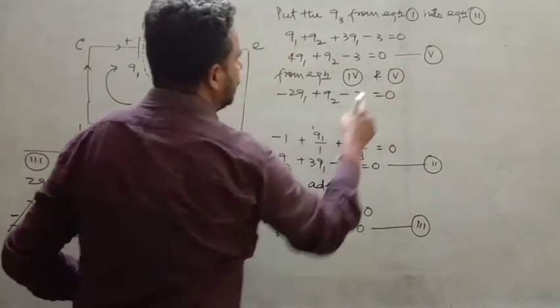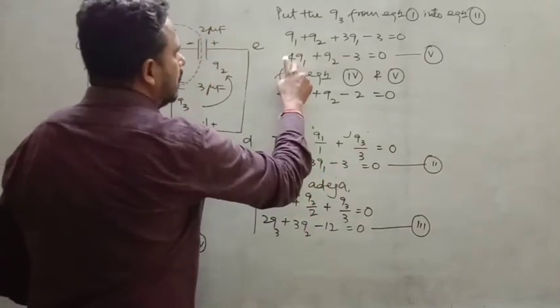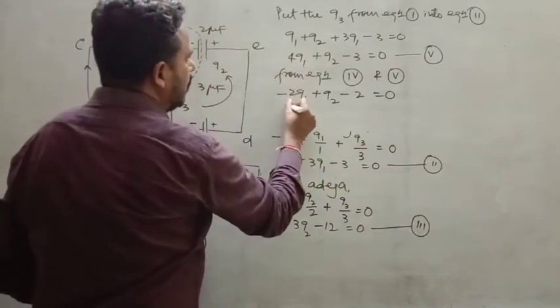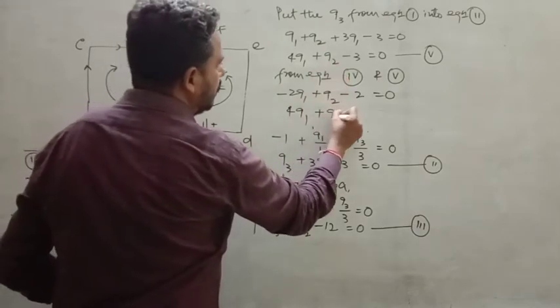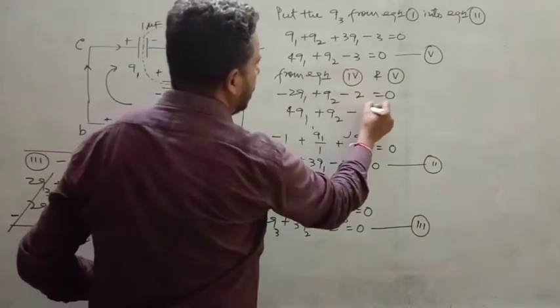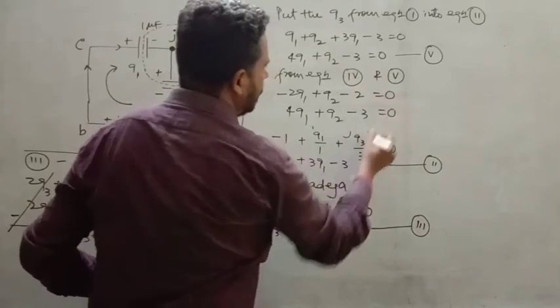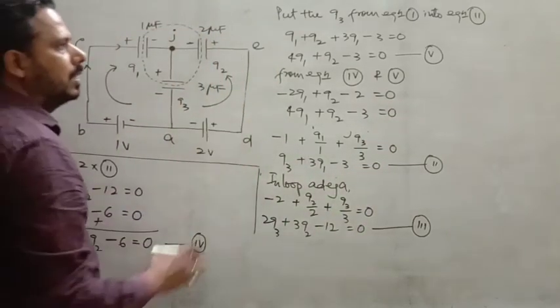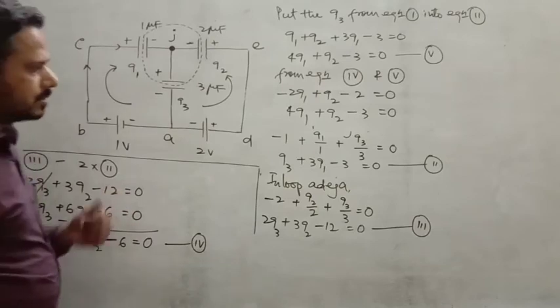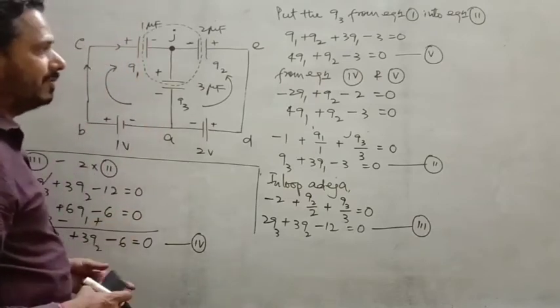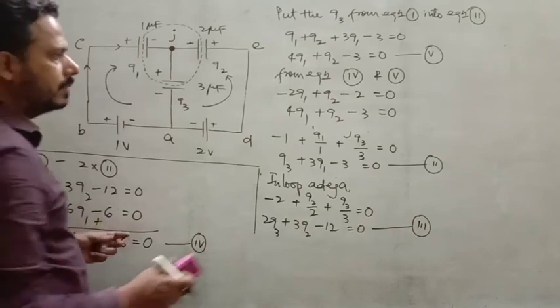Equation 5 is 4q1 plus q2 minus 3, and this is equal to 0. So you have got equations 4 and 5. Now you have to simplify, so just keep in mind equation 1.